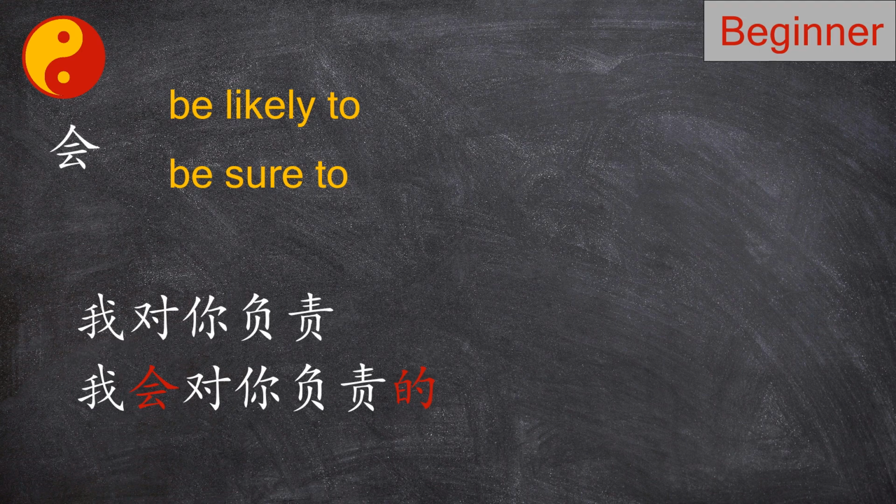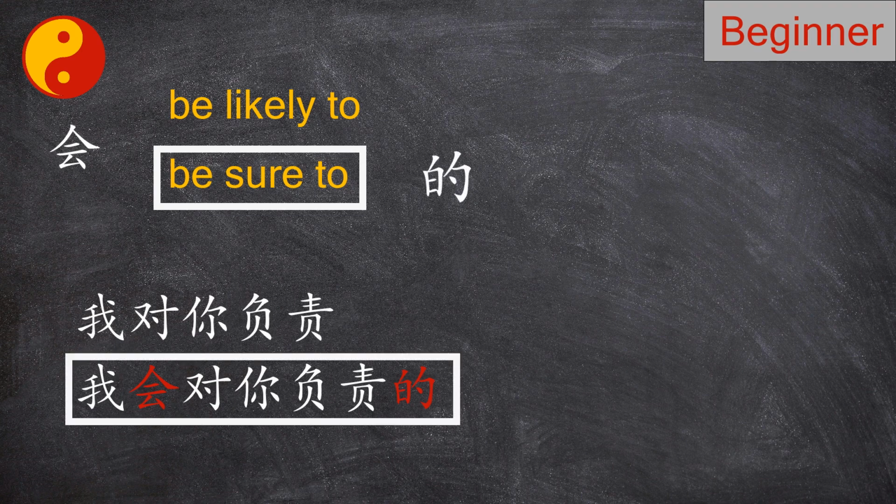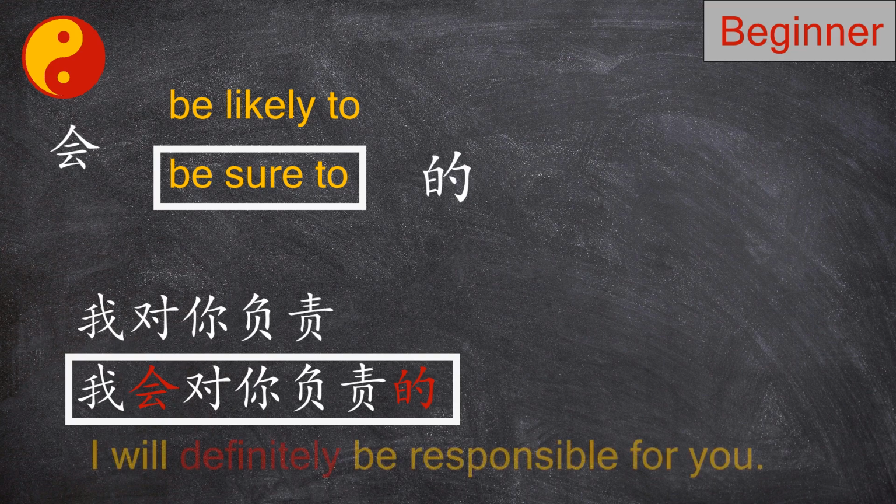So, meaning of 会 as an auxiliary verb depends on the context. It means be sure to, especially when it is accompanied by 的 at the end of the sentence. So, 我会对你负责的 means I will definitely be responsible for you. I can assure you that I will be responsible for you.